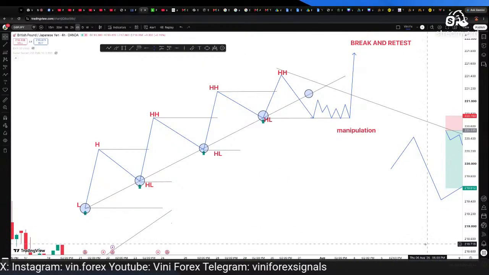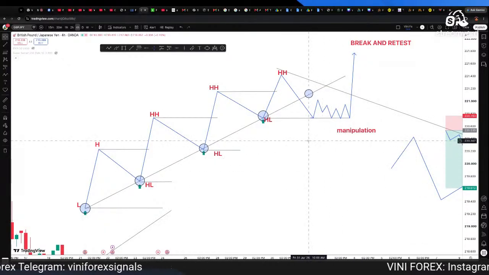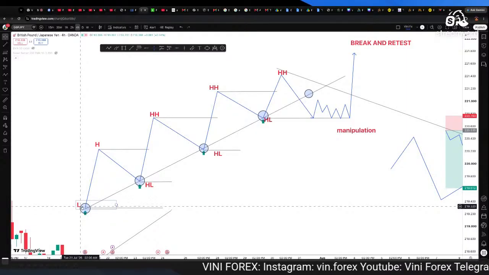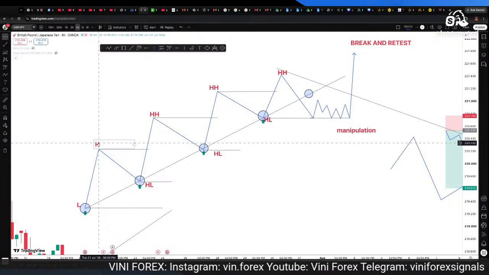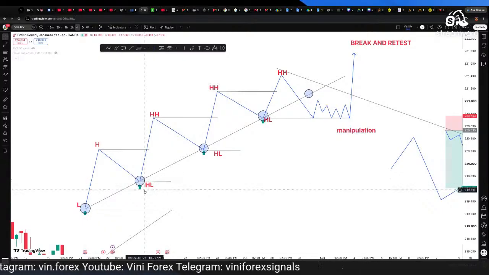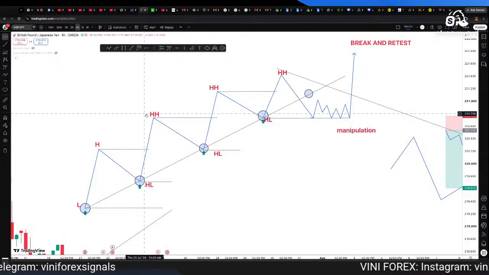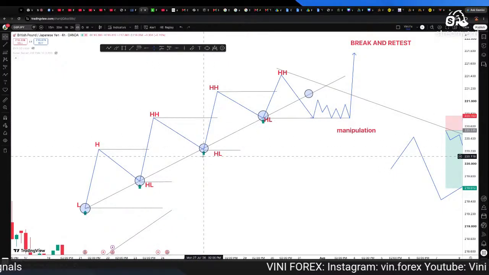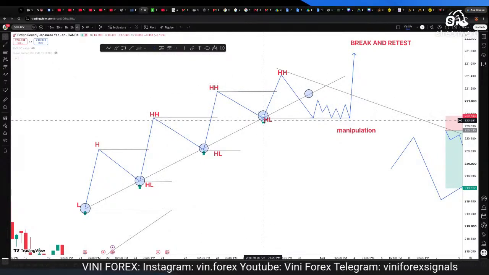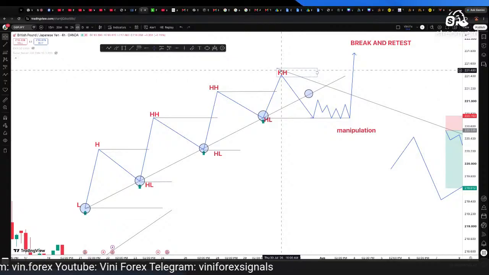It's part of learning, so ask me again. All right. In the beginning of the chart here, we have a low and a high. Then we have a higher low first, then a higher high, then a higher low, then a higher high, then a higher low, and then a higher high.